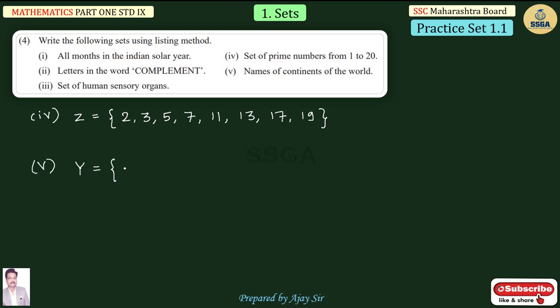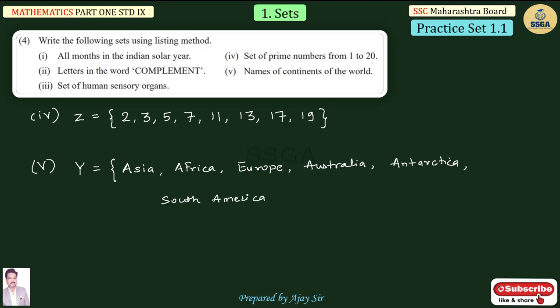So these are the 7 continents of the world. This is the solution of question number 5.